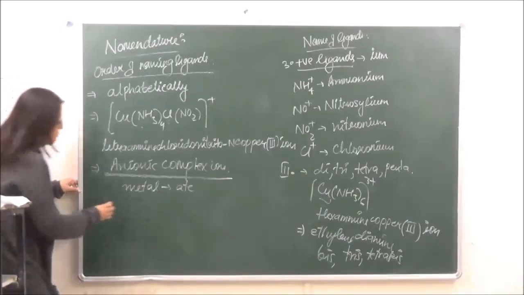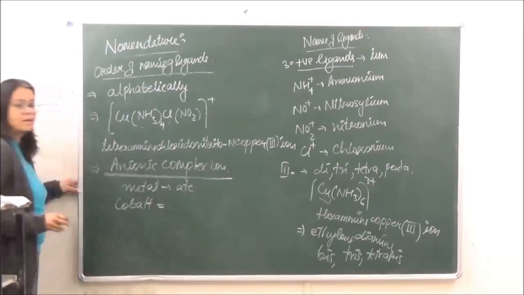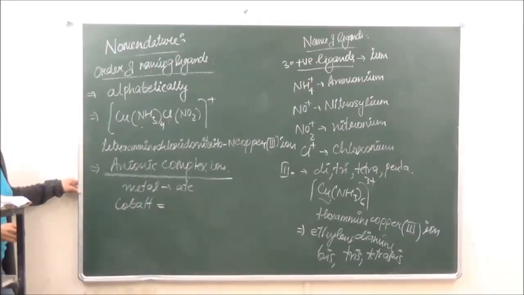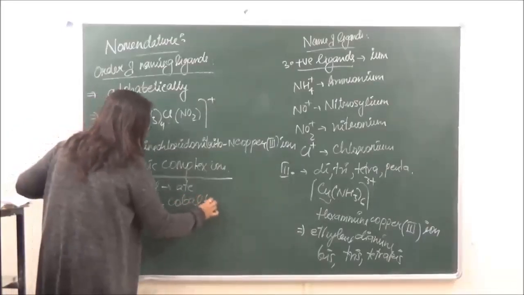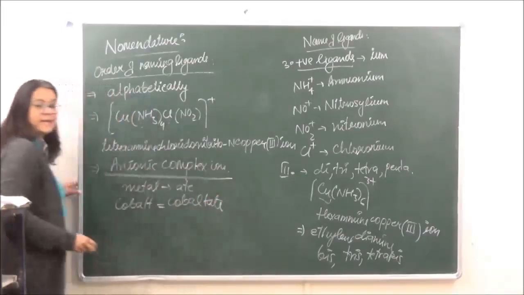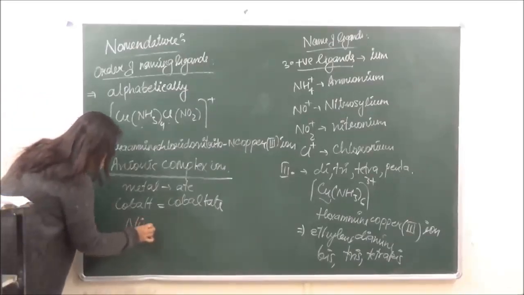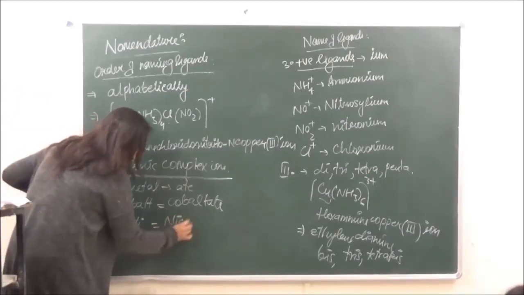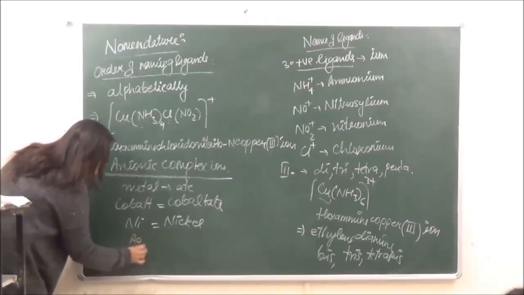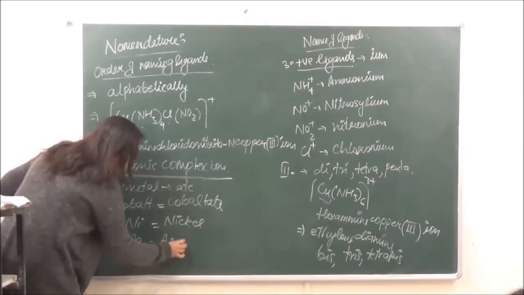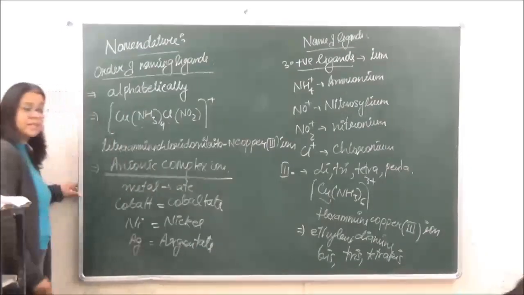For example, if the central metal atom is cobalt, the name which we are going to use over here is cobaltate. Okay? If it is nickel, nickelate. If it is silver, argentate.